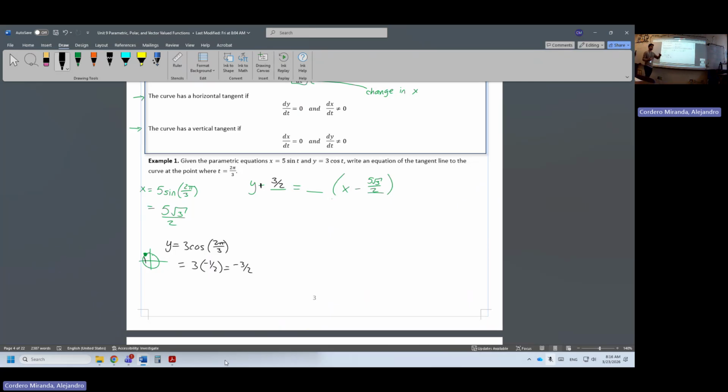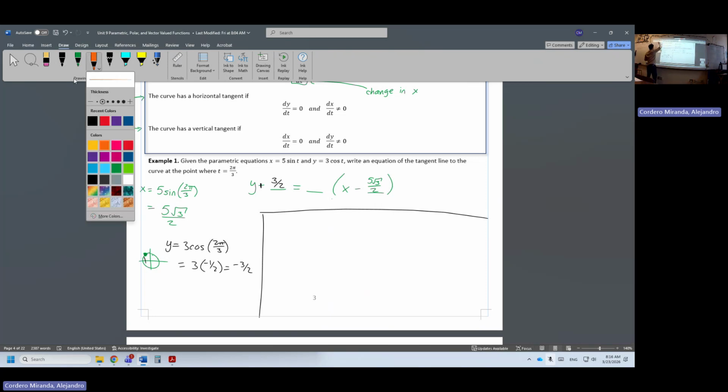Here's the actual calculus, when you take the slope. Remember, you've got to get the derivative. So dy/dx, which is what I was saying before, where you just take dy/dt over dx/dt. So here's us doing that in, let's do it in dark blue.